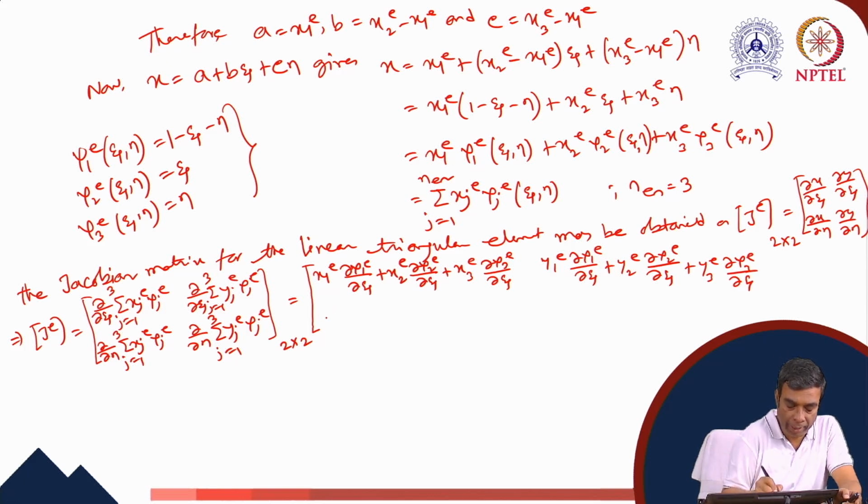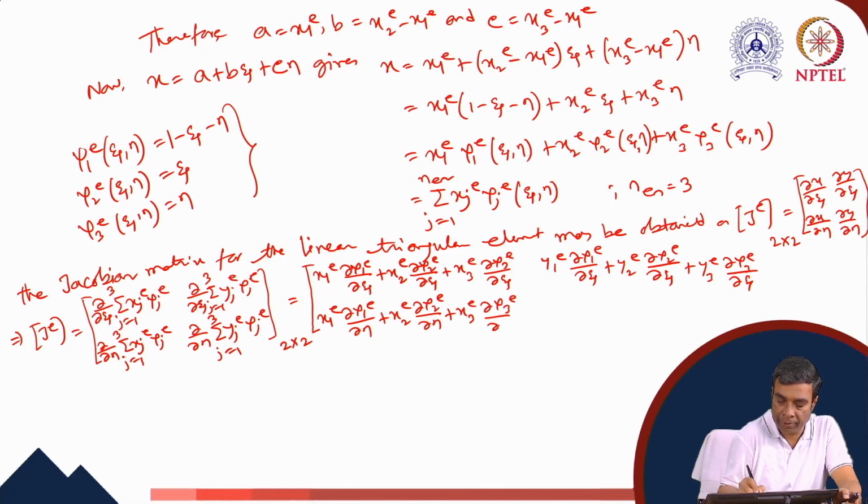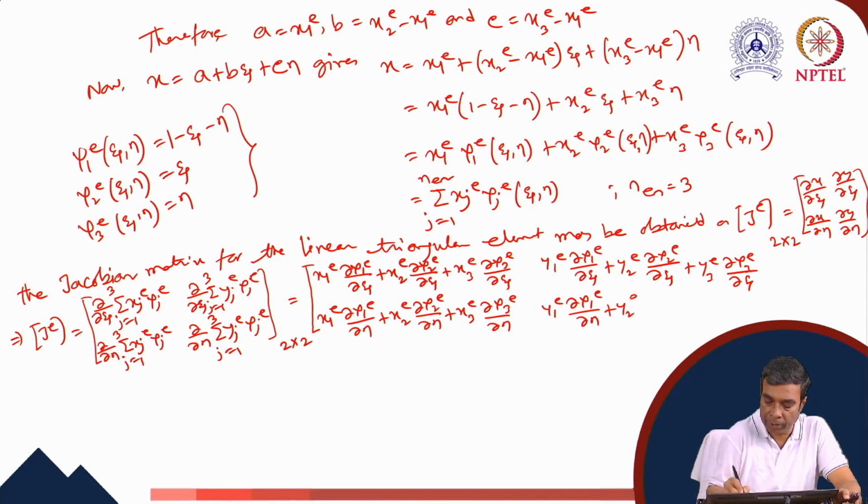In the second row, we have x1e del psi 1e del eta plus x2e del psi 2e del eta plus x3e del psi 3e del eta. The last term is y1e del psi 1e del eta plus y2e del psi 2e del eta plus y3e del psi 3e del eta.